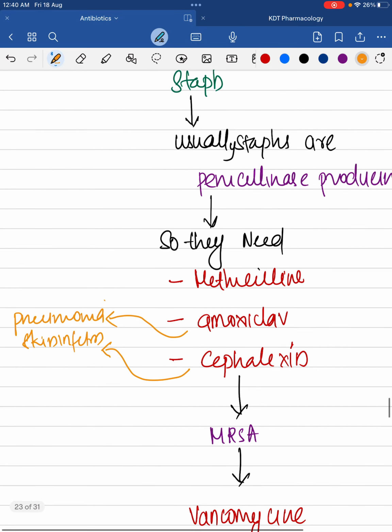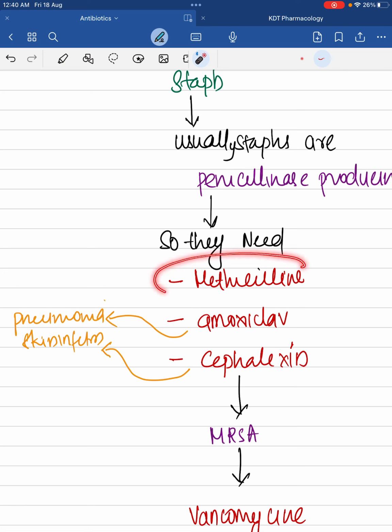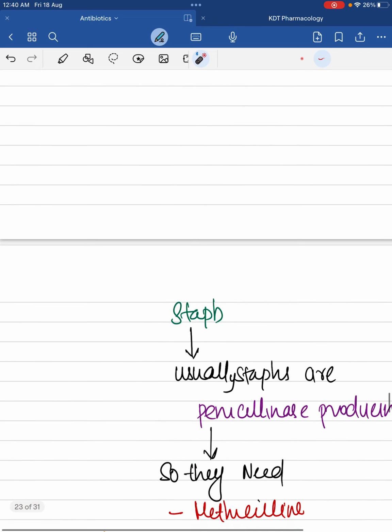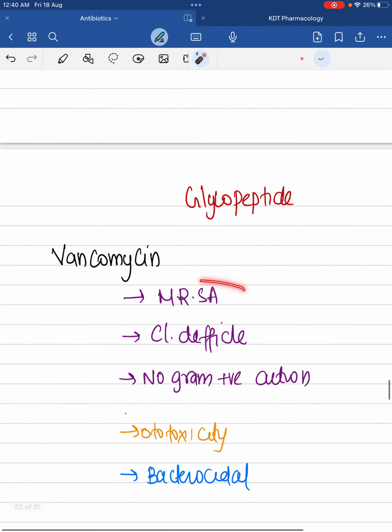But when the staphylococcus attains resistance against methicillin also, they are called MRSA, and this type of staphylococcus is produced in a hospital setting. So for a hospital acquired infection or a complicated staphylococcal pneumonia, we have to think of vancomycin. Why? Because vancomycin acts against MRSA.